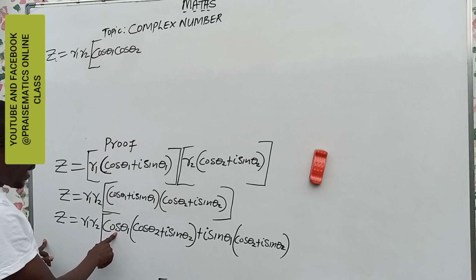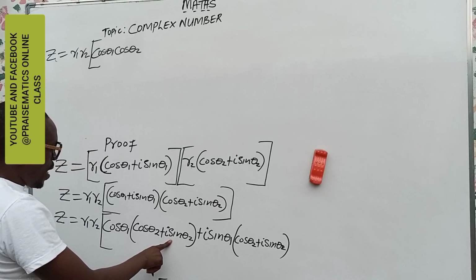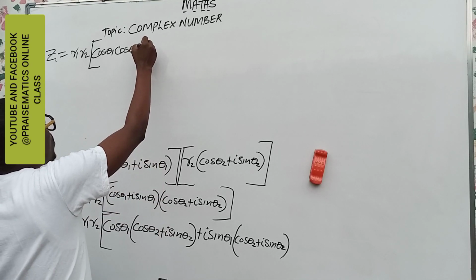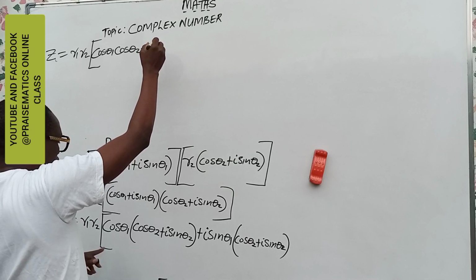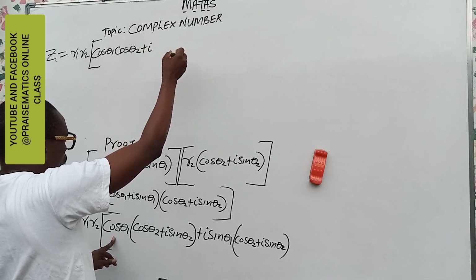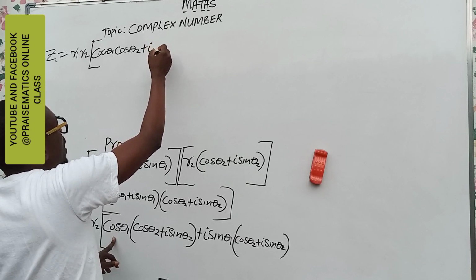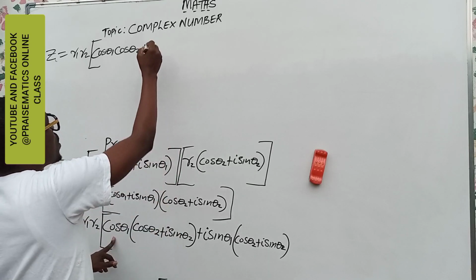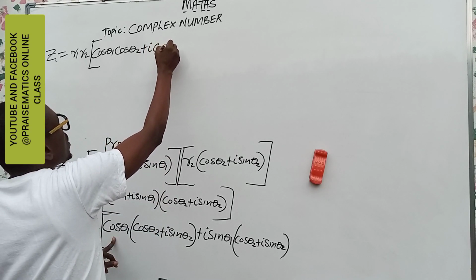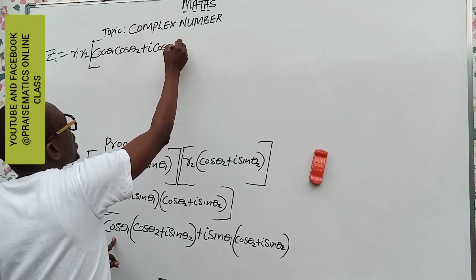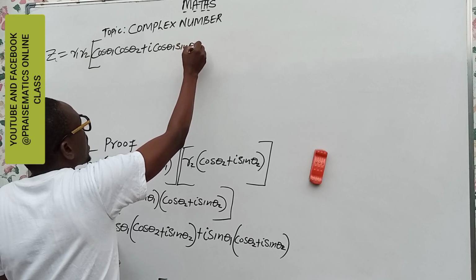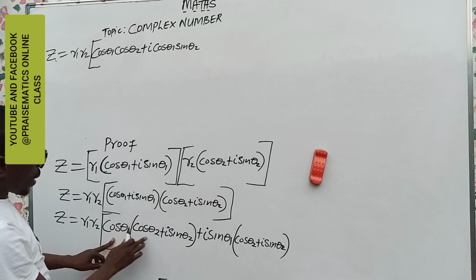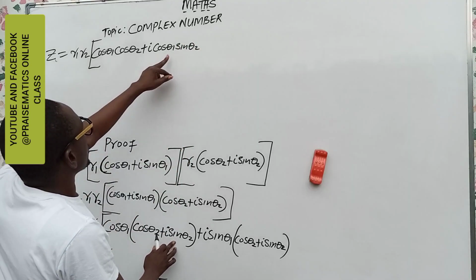Cos theta 1 times I sin theta 2 will give us plus I cos theta 1 sin theta 2. Cos before sin or sin before cos, it depends, or whichever you like. So this one times this one is the reason why we get this.